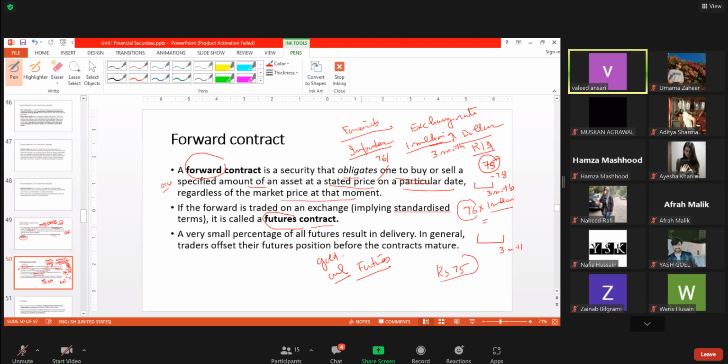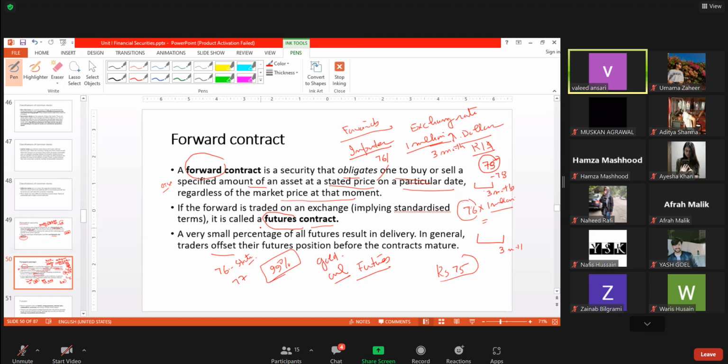That is why 99% of the transactions at the futures exchanges are speculative. So they offset it. For example, if the stated price is an exchange rate of 76, and it is 77 now, the difference will be paid to the exchange and the contract closed, instead of purchasing the entire amount of 1 million and taking delivery.